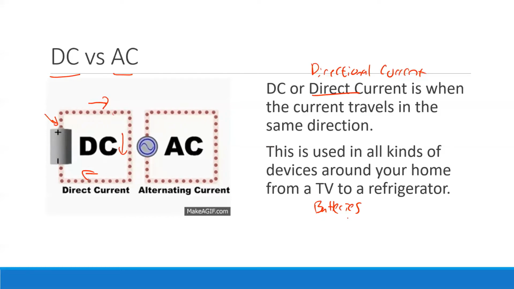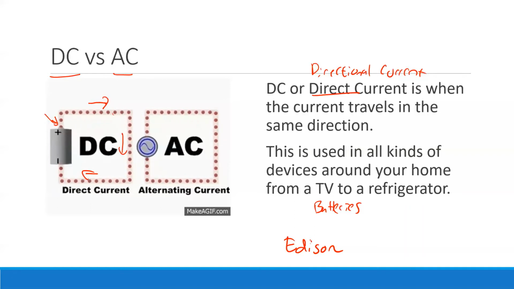Pretty much most electrical devices use DC current. It's called directional current because it has one direction. For the history buffs, this is the kind of current that Edison thought was really important to look into. He was all about directional current, so directional current in one way.